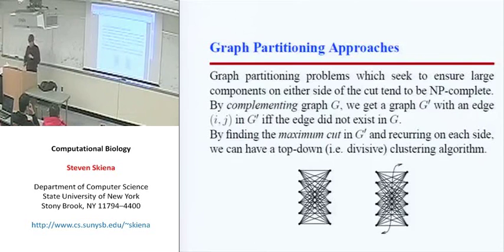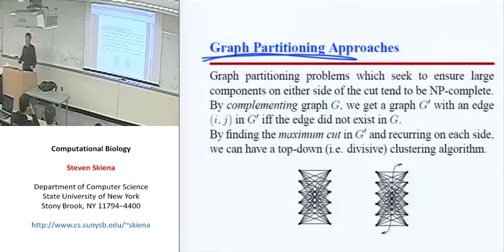If you buy that argument, then that gets you into what we would call graph partitioning algorithms, where you want to not only find a good cut, but take into account the size of the components. There are many different ways to formalize that.